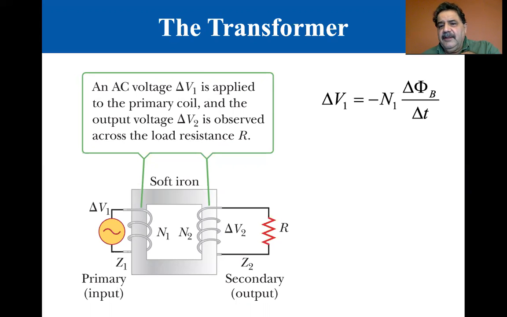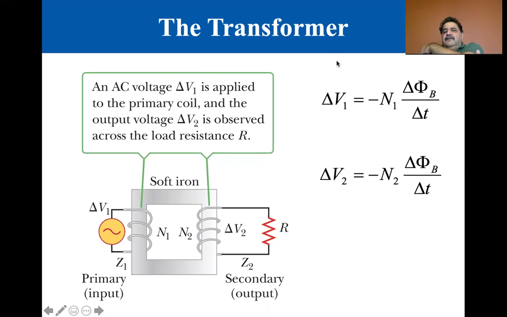So on the secondary, the induced voltage, delta V2, is equal to minus N2 delta phi B over delta T, the change in magnetic flux over time.